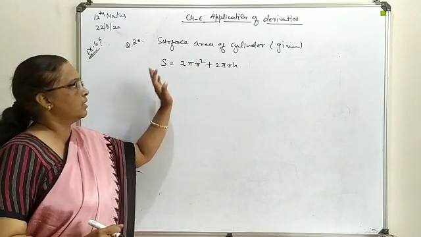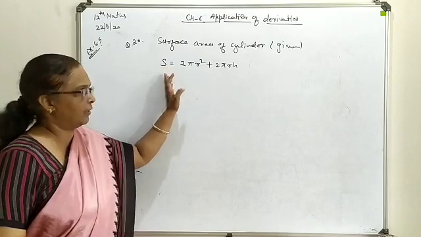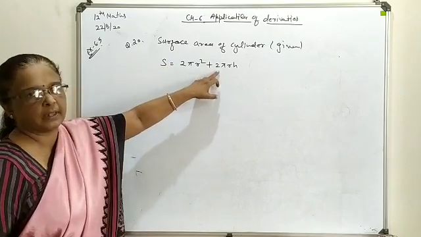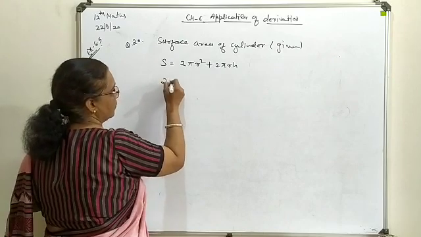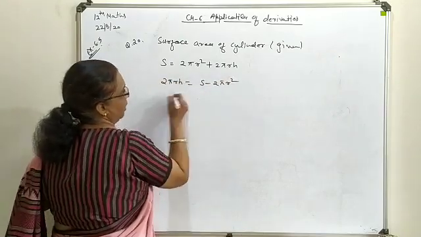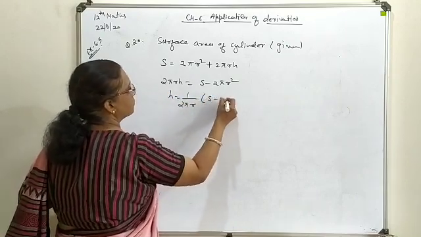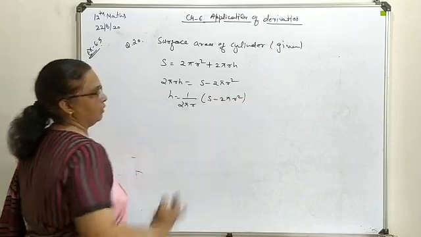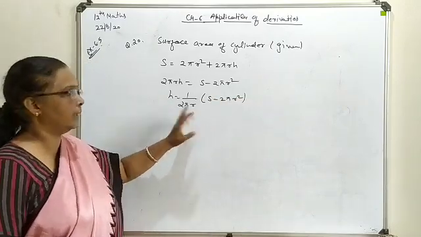Now here your s is a given quantity, so this is also fixed. So here we are going to separate h, your h will be separated out this way. Afterwards we will sort it out, or here also you can separate by division.